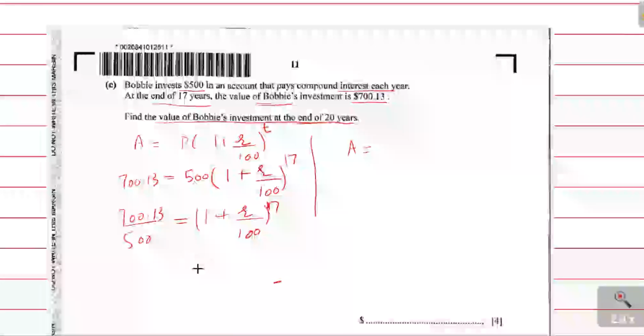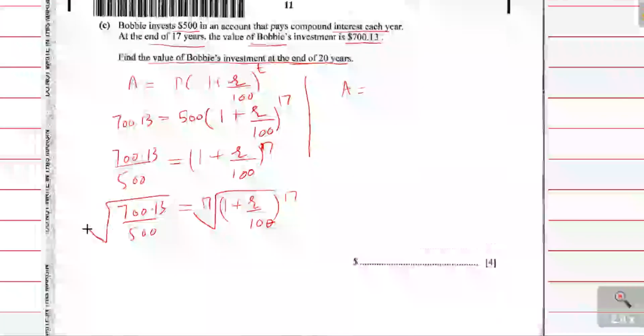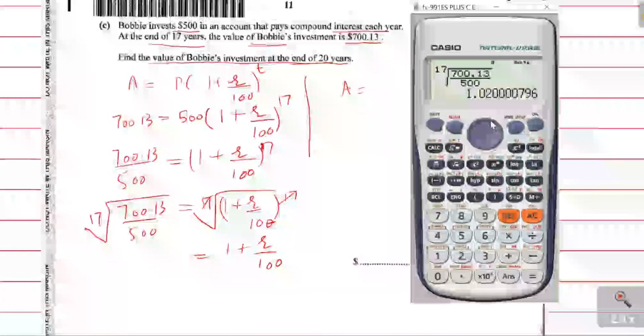And we will take the 17th root on both sides. This value becomes the 17th root of 700.13 over 500, and this is equal to the 17th root of (1 plus R over 100) to the power 17. The 17 would be cancelled and this will be equal to 1 plus R over 100. Look here, the 17th root of 700.13 over 500 will be equal to 1.02.